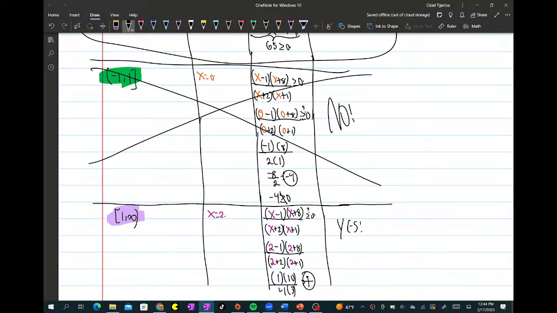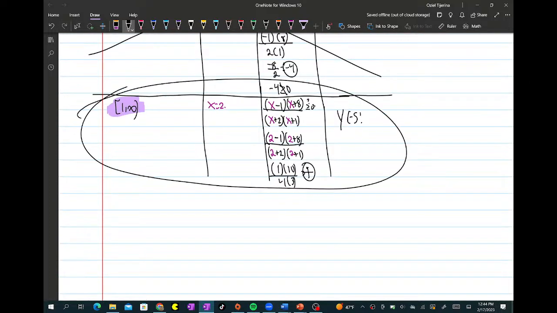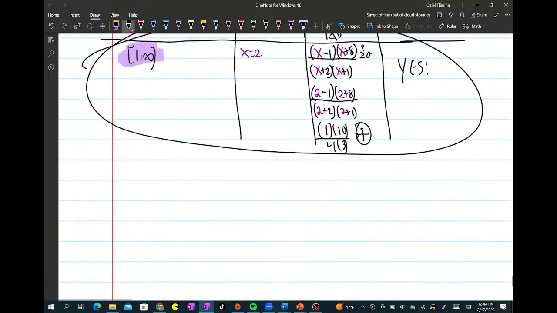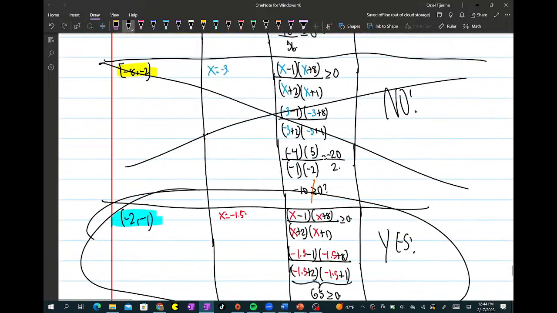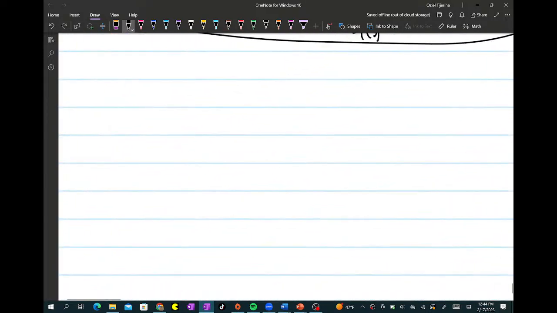This one does not. And this one works. So the ones that work are the following. Negative infinity to negative 8, bracket at negative 8. And also, guys, be very mindful of how you're writing it. Make sure you put a bracket and parentheses where they need to be. So negative infinity to negative 8, comma.